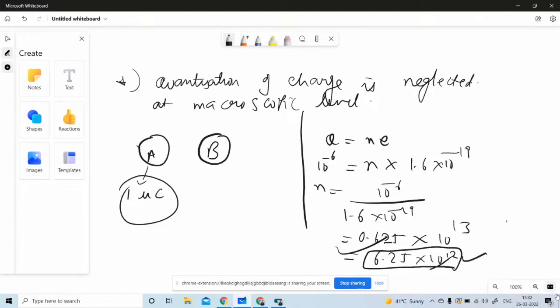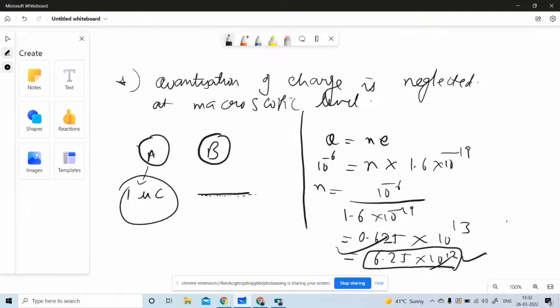Is it clear, students? Okay, if I'm drawing many dots but very close to each other, it may appear to you as a line. That means actually it is not continuous, but we'll take it as continuous. The same thing is for quantization of charge. Actually, charges are not continuous, they are quantized. Clear?